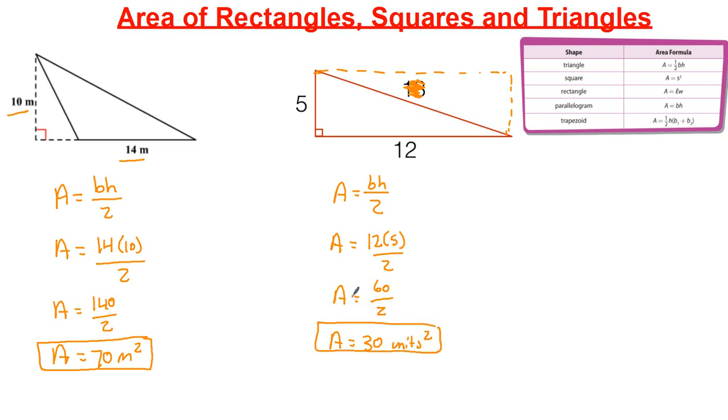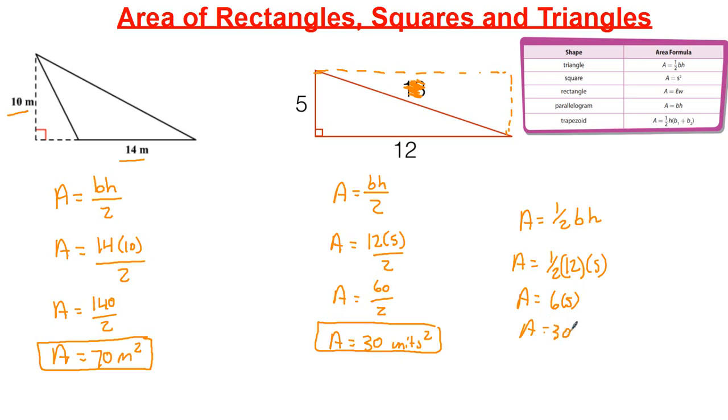Okay. What I want you to notice as well is you could also write this formula as half the base times the height. So instead of dividing last, I could have just done area is equal to half of 12, right? Half of 12, and then multiply that by 5. So that way it'll be a lower number, 6 times 5, okay?